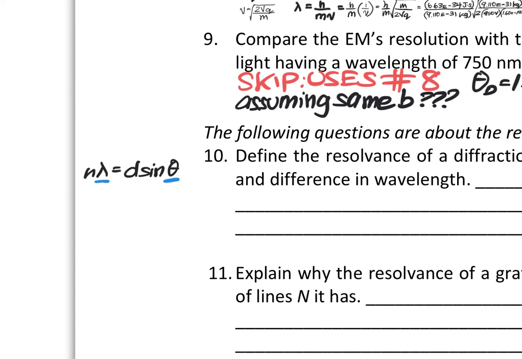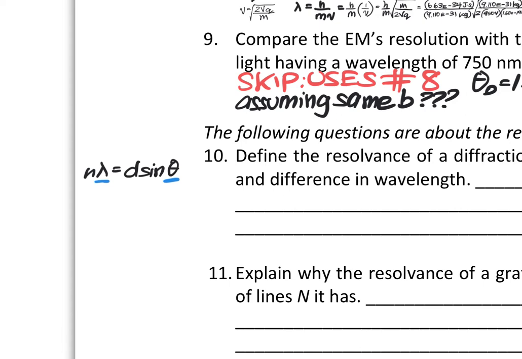Well, what if you have two different wavelengths? Suppose you're looking at a gas sample that has an emission spectrum, and there are two different wavelengths in that spectrum that are very close together. What if the two wavelengths are so close that one maximum is too close to the other maximum?